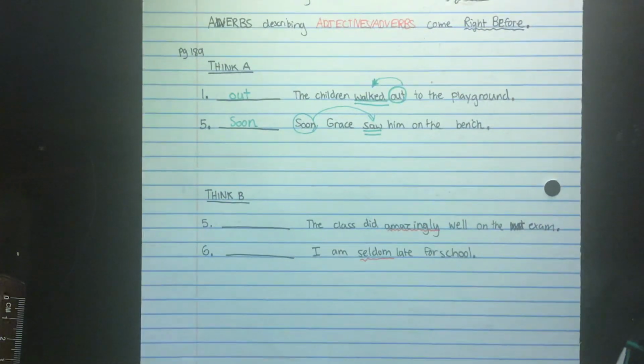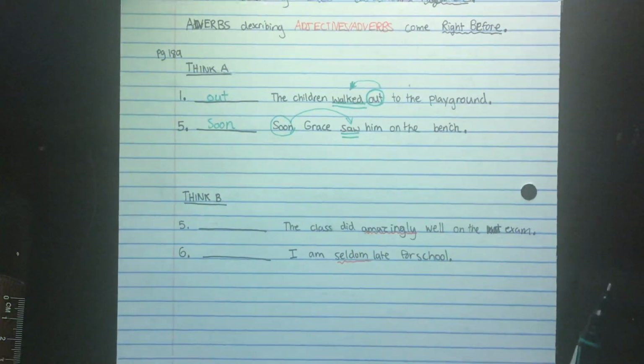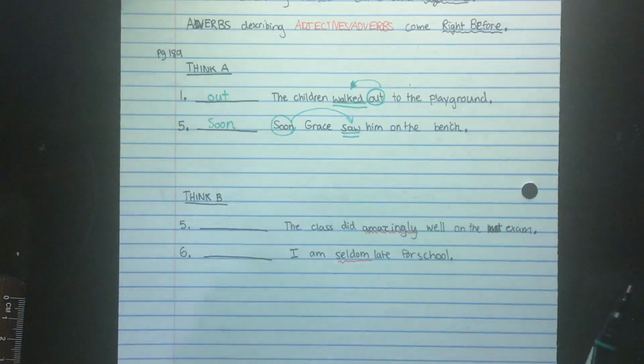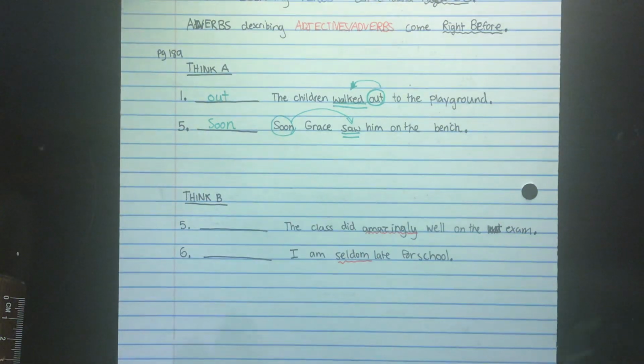Here's a nice thing though. Let's scoot down to Think B. Same sort of idea, except now we're dealing with adverbs that are describing other adverbs or adjectives. So it should be a lot easier to find these ones and a lot easier to find what they're describing as well.